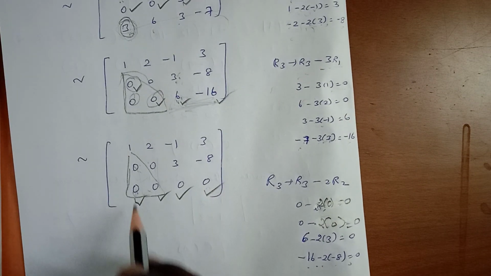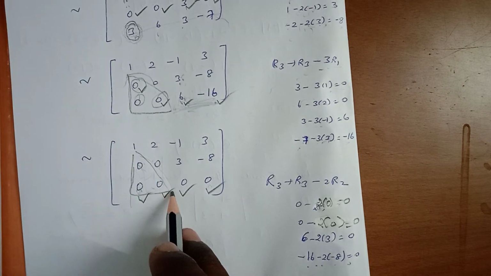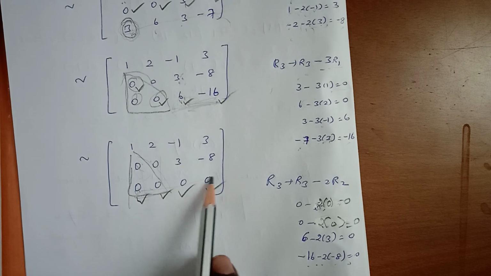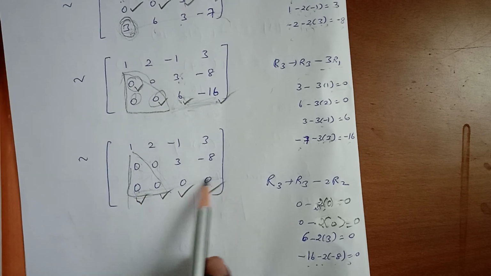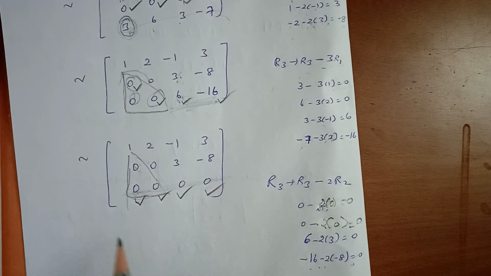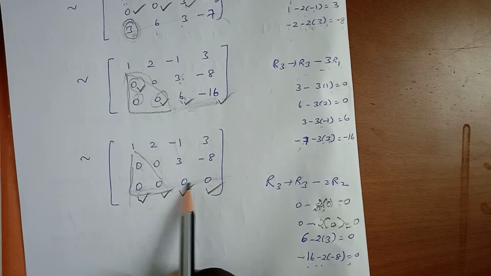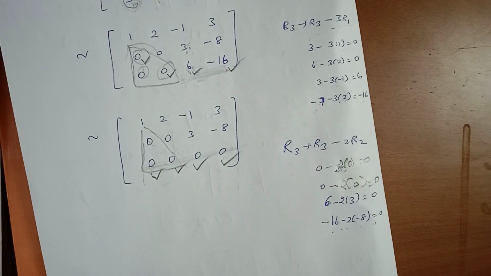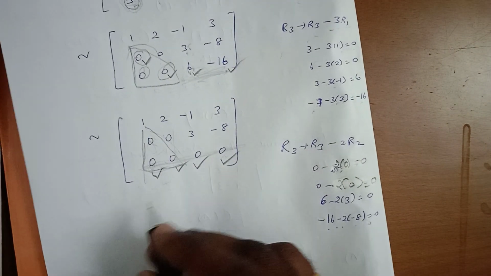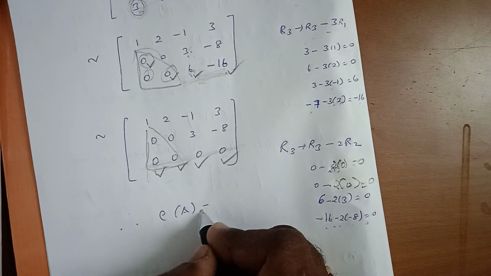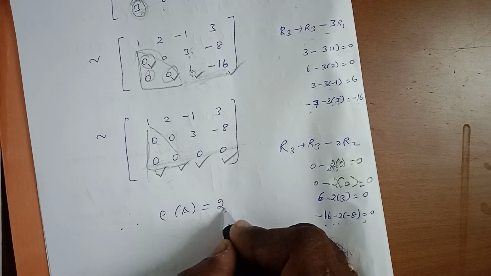So our aim is to make the upper triangular matrix. Finally we have to eliminate one of the rows, so all the terms become 0. When all the terms of a row become 0, the rank of A is 2.